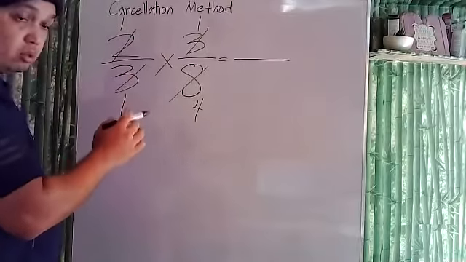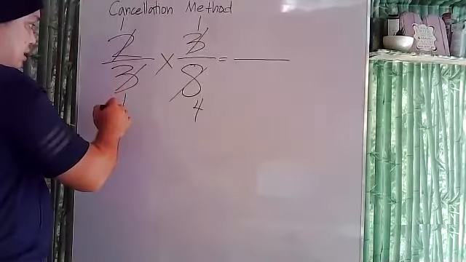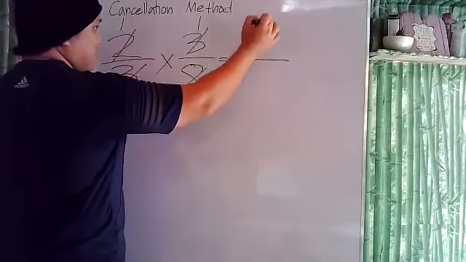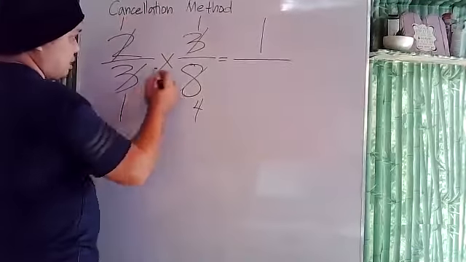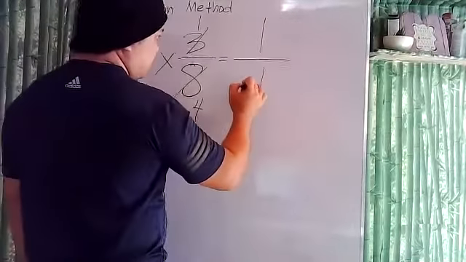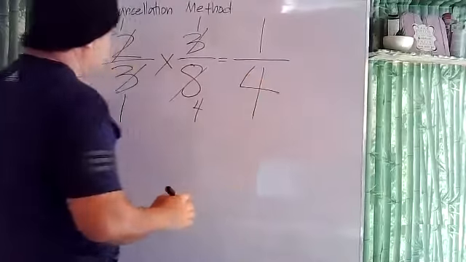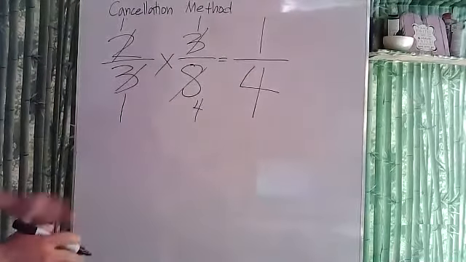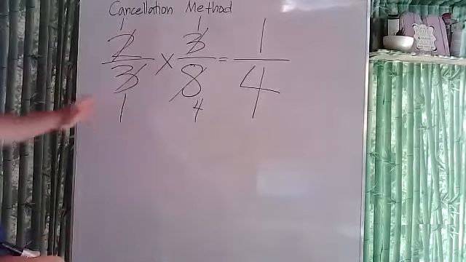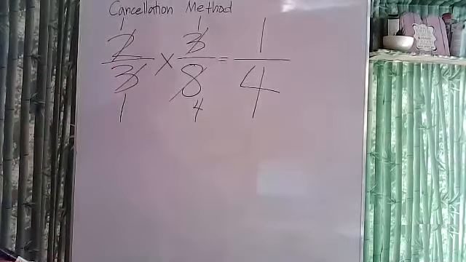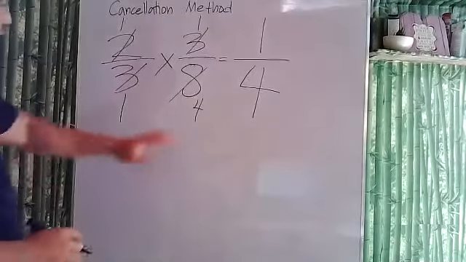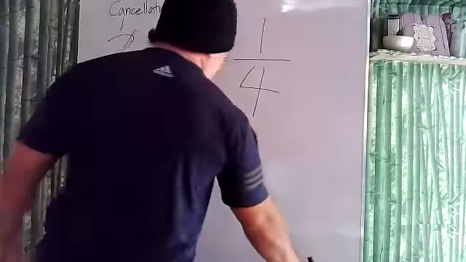Numerator to numerator, denominator to denominator. 1 times 1 is 1, and 1 times 4 is 4. Therefore, for our final answer, that's 1/4. For the long method, 2 times 3 is 6, while 3 times 8 is 24. We can divide them both by 6. But here is the shorter one.